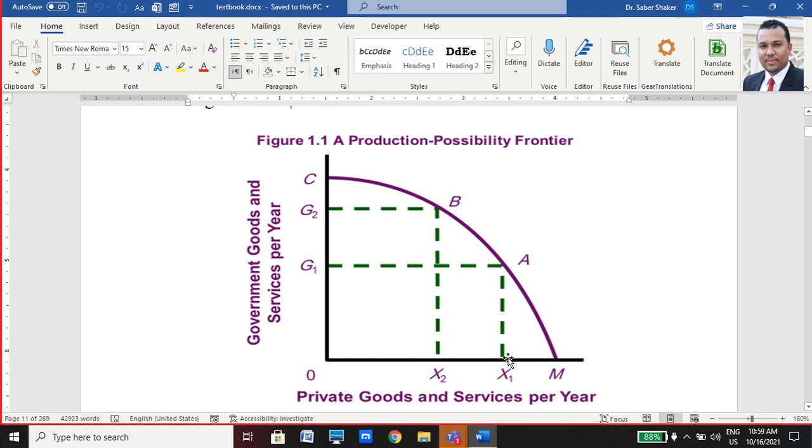So why this problem? Why, when we increase the government goods and services, must the private goods and services decline? Because we face the economic problem of relative scarcity in this case. In our curriculum, we focus on how you can allocate resources.